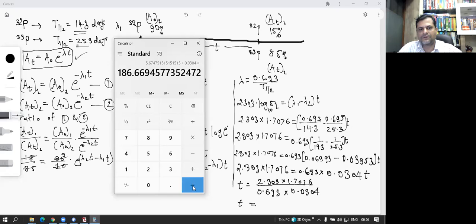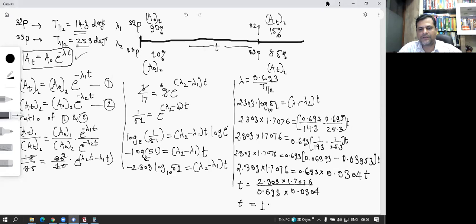Correct? It comes out to be 186.6694, meaning 186.7 approximately. So it will be 186.7, and that is going to be in days. Remember, it will remain in days.